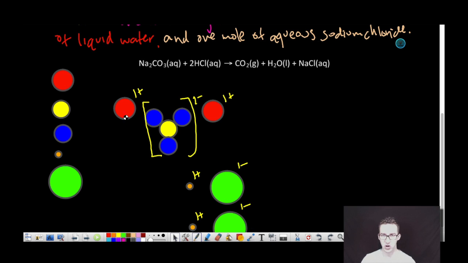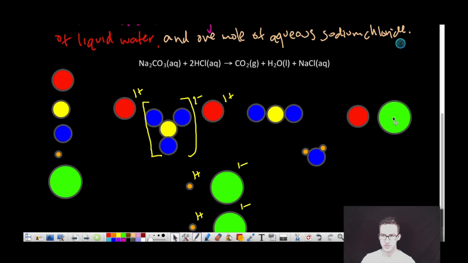And then we'll need our carbon dioxide, which might look something like this. Our water, which might look something like this. And then again, our aqueous sodium chloride might look something like this, which I may leave dissociated because it is in solution here.